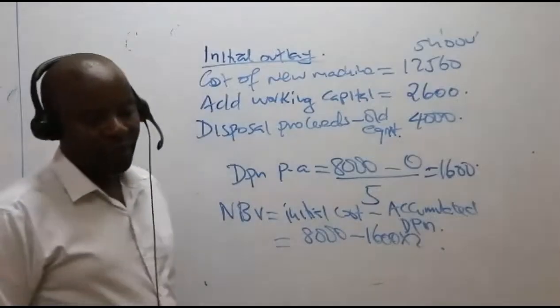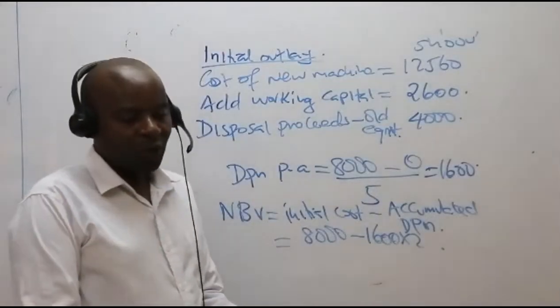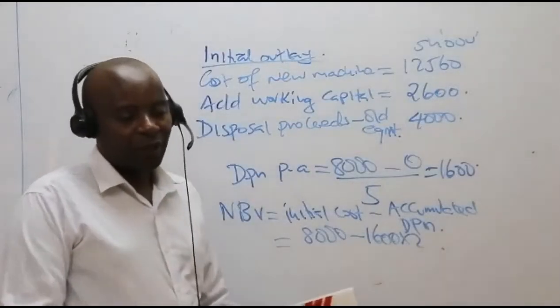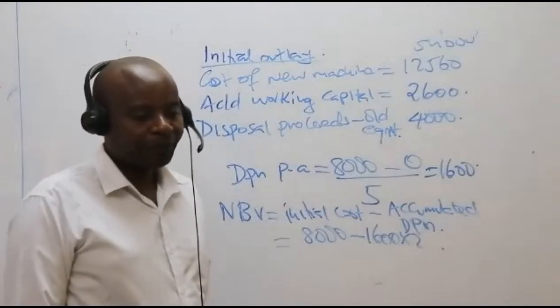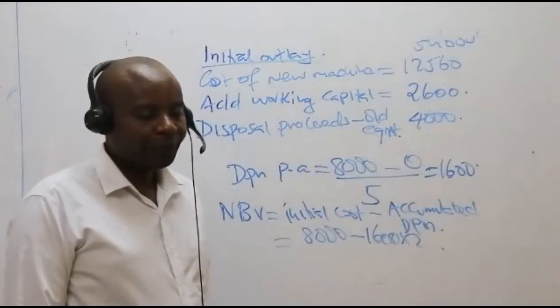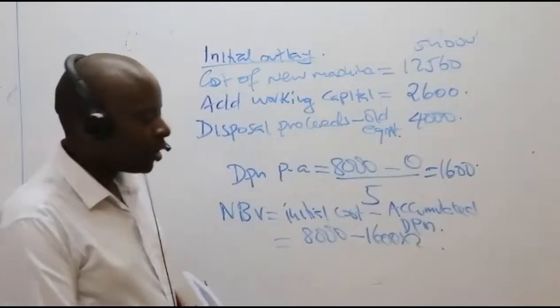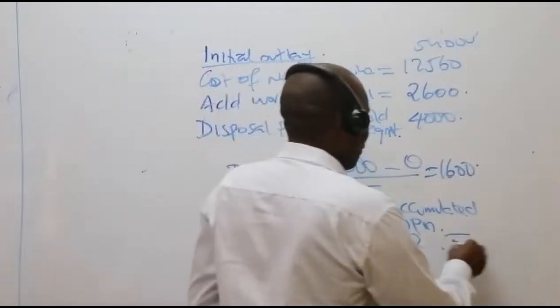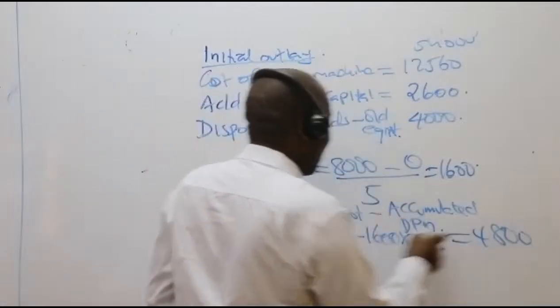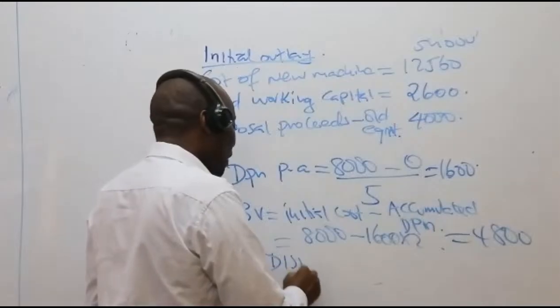Times 2. So then that will give us what figure at the end of the day? So net book value will be 4,800. But now remember that this person wants to buy this machine.